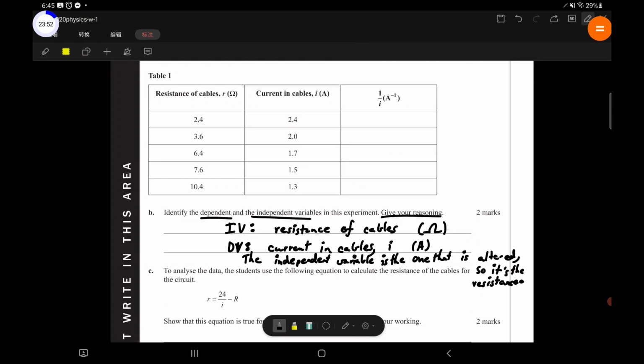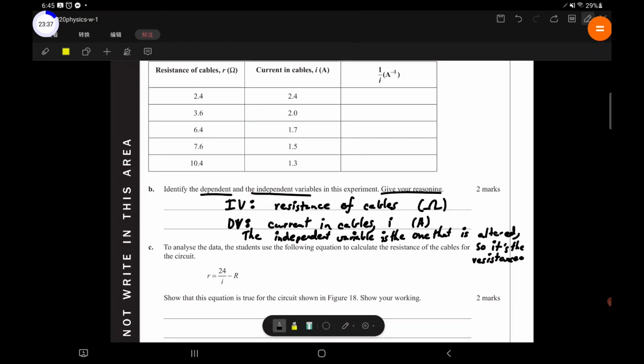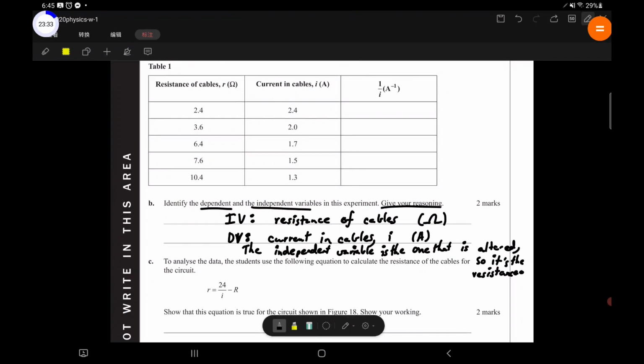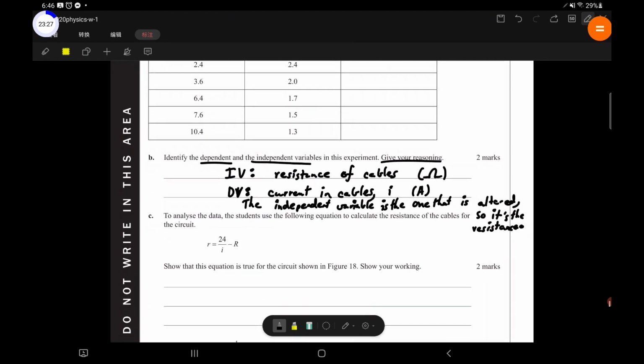The independent variable is the variable that is altered, so it is the resistance. The dependent variable is the one that is measured. You can also write that down here. I didn't realize we also have to give the reasoning, so I probably would have spaced my response much better if I was doing it in the actual exam. But for here, we'll just leave it as it is. I probably still will get 2 marks, to be honest. Hey, at least I talked about the independent variable.